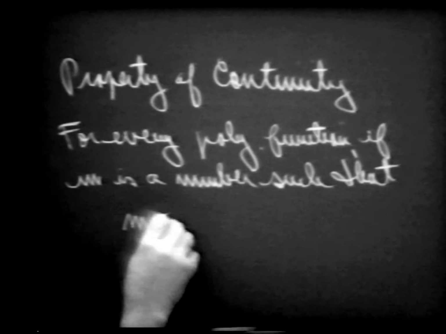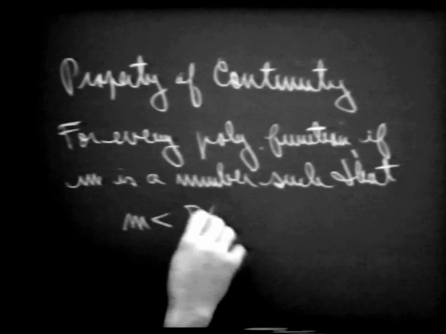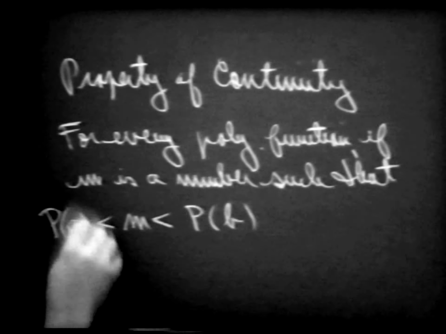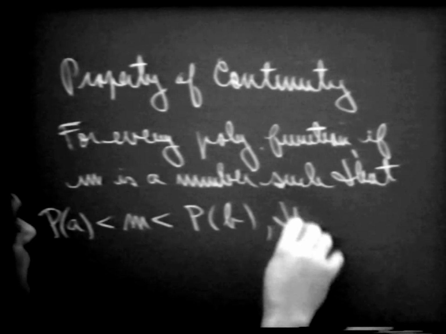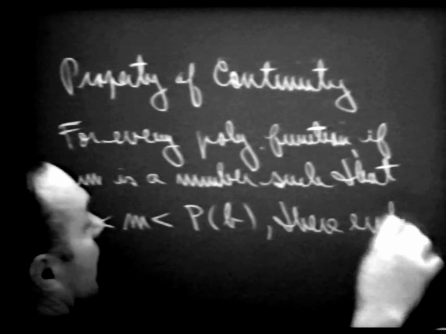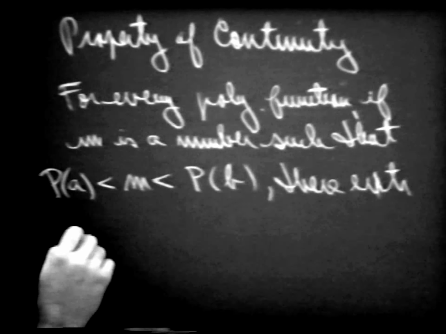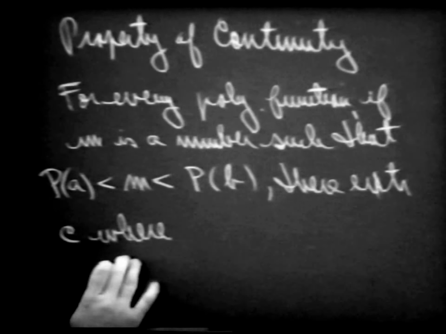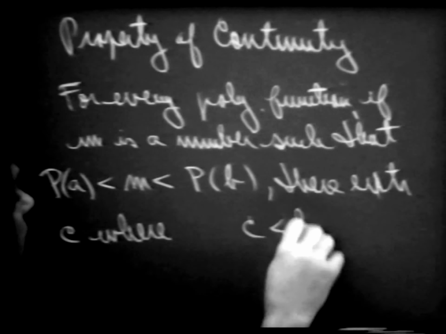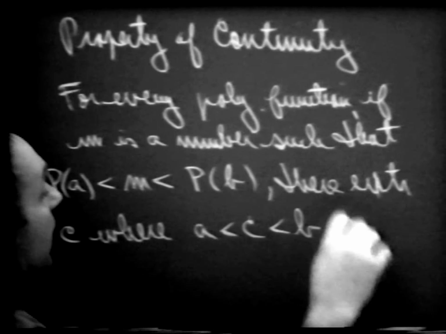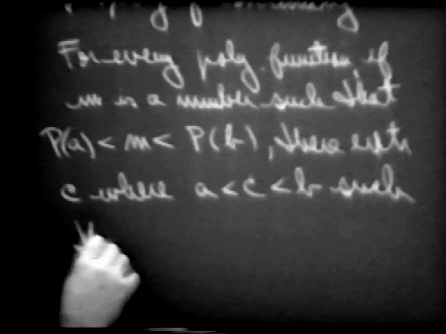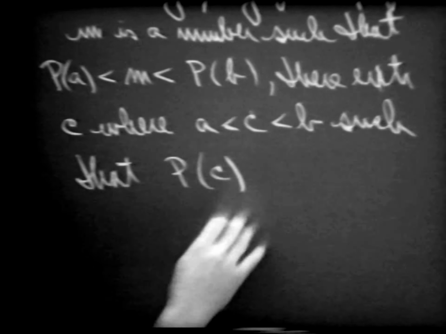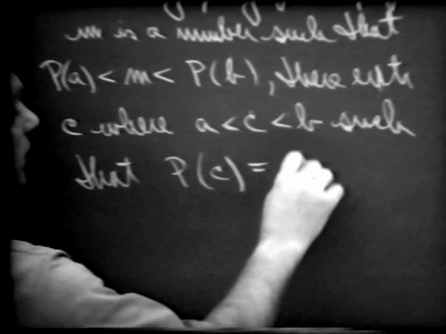Such that M is between where and where? Between P of B on that side and P of A here, all right? There exists, how do we want to say it? There exists what? Some number C where must C be? Between A and B, such that, and this then is our conclusion, such that P of C is equal to M.